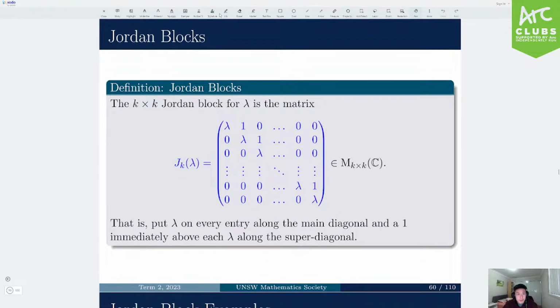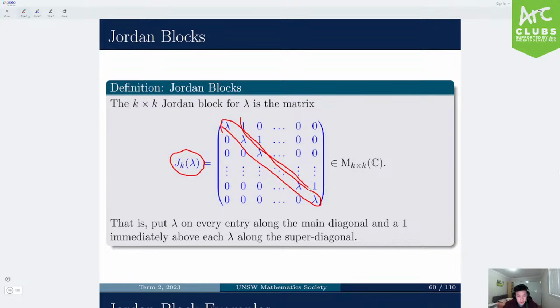Alright, now the definition is, if we have a k by k Jordan block for the lambda, we write it as J, where we have subscript k, and inside the brackets is our lambda, and along the diagonal we have our lambdas, and along the super diagonals, so that's the entries directly above the diagonals, we have our ones.